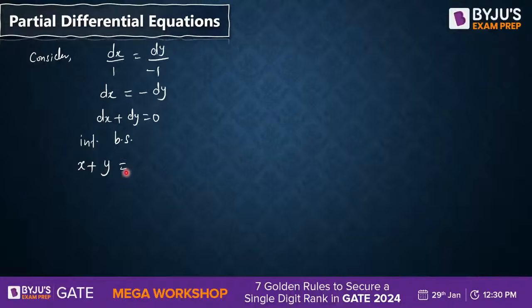And since the integration is done, integration of 0 is 0, but you need to add some constant here, so I am adding a constant a. So students, this is our first solution. We denote it by our usual notation u, which is x plus y equal to a.